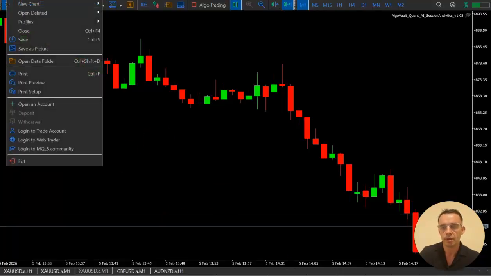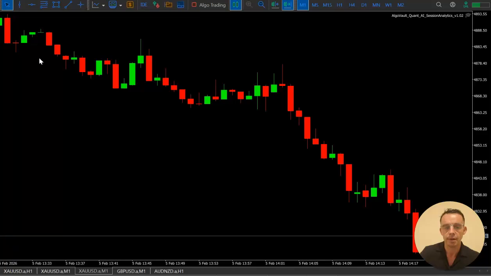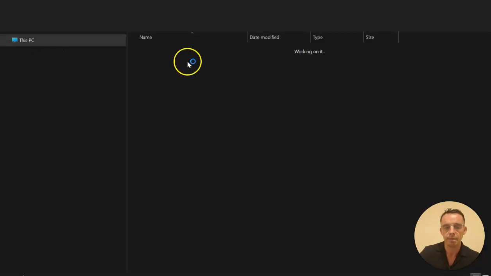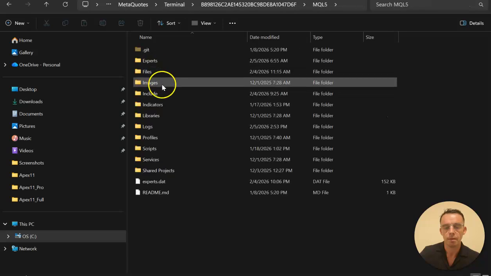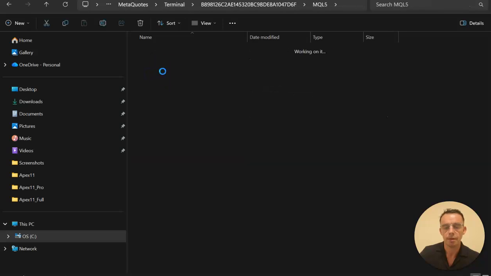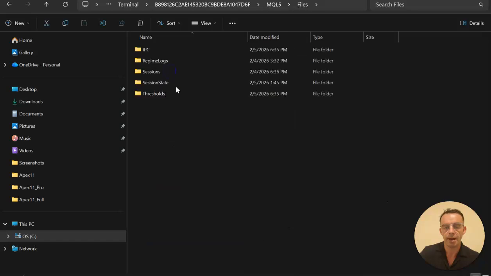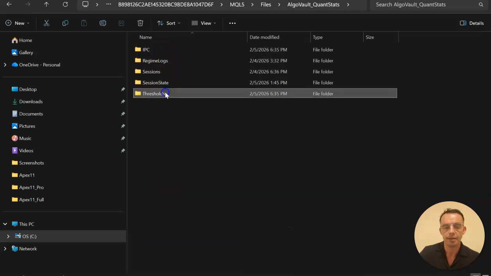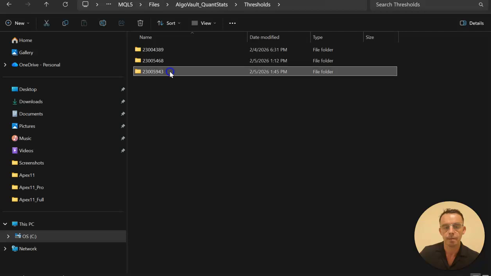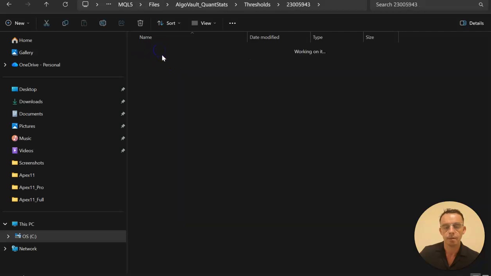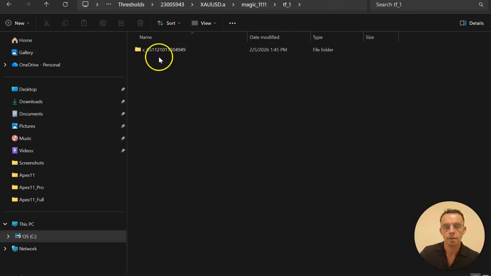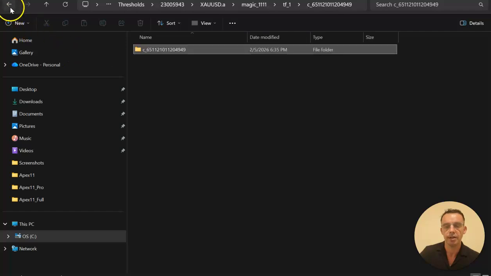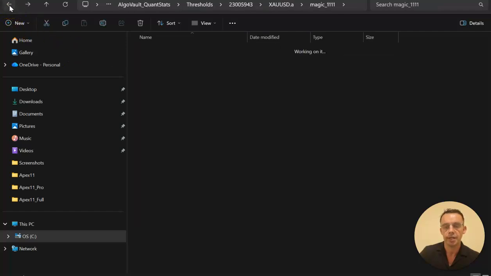Next, I just want to show you the session files. And we have the other file, and this is thresholds. This is the file that will be created and tracking all the trades.